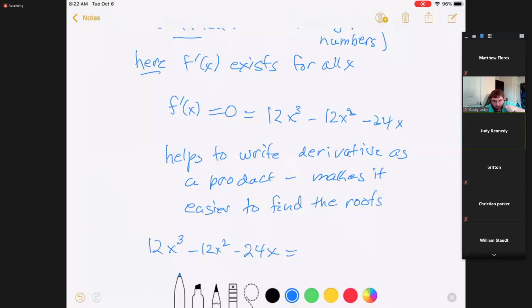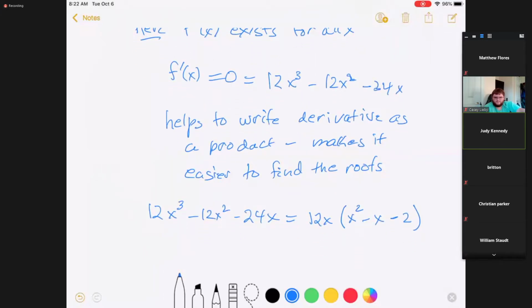Well, I can factor out a 12, and I can factor out an x. 12x, okay. And out of the first term, that's going to leave me with x squared. Out of the second term, just x. And out of this third term, minus 2. Okay, and then I want to try to factor that quadratic.